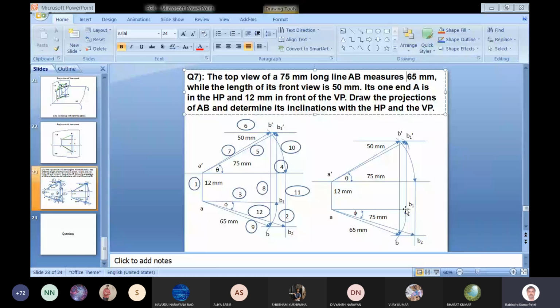From this point we can draw a vertical straight line in this direction, and still we don't know where the end is.